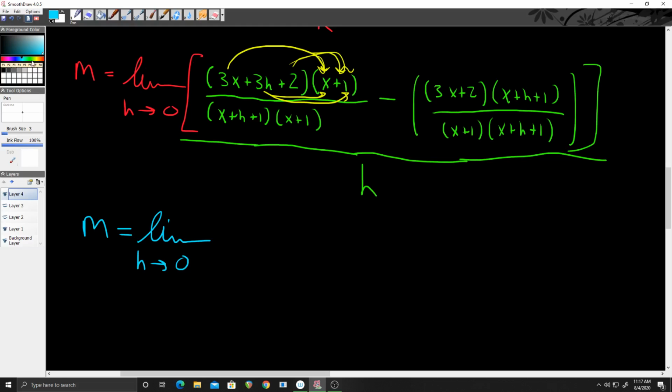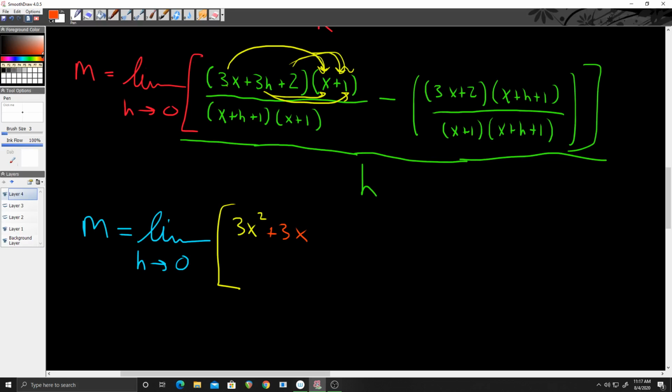And just for funsies, change the color. 3x times x. 3x times x is 3x squared. 3x times 1, and because the exponent is different, we'll do plus 3x. Okay, so that term's done.